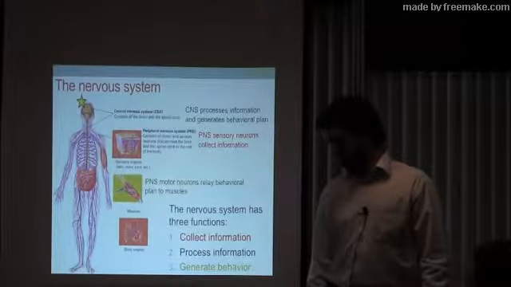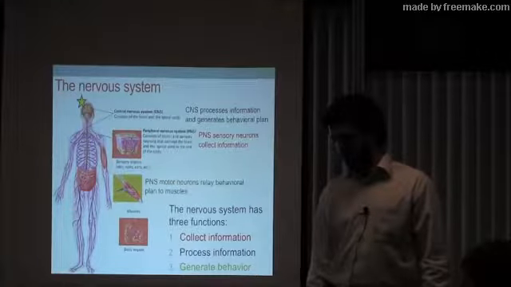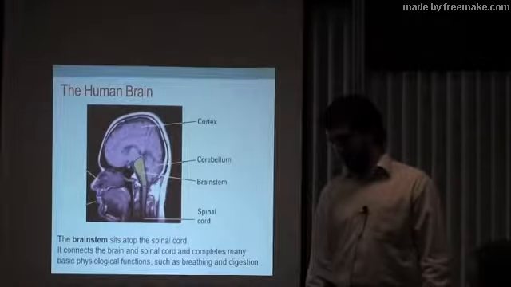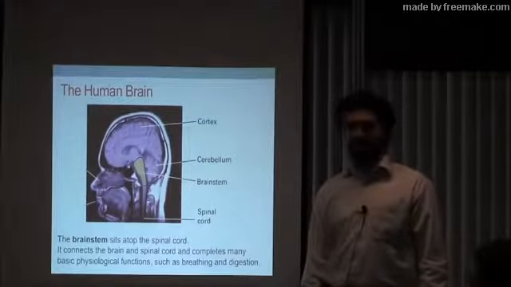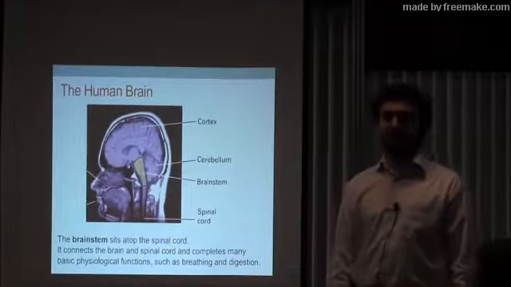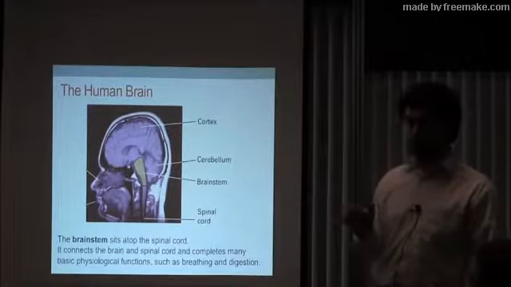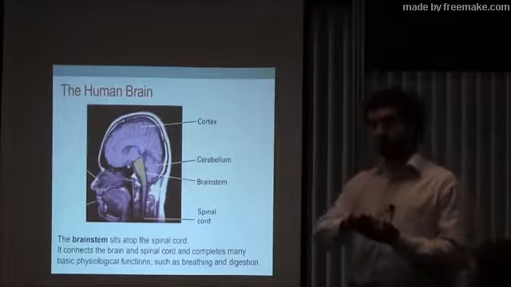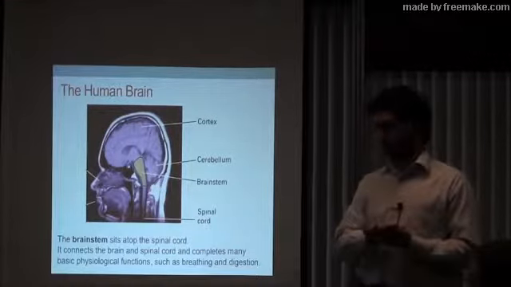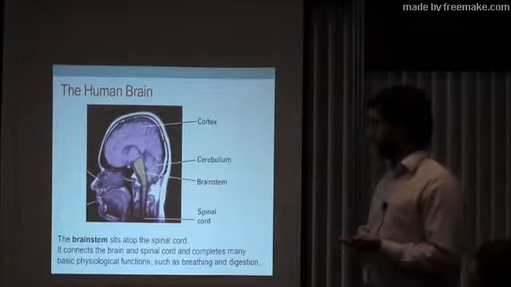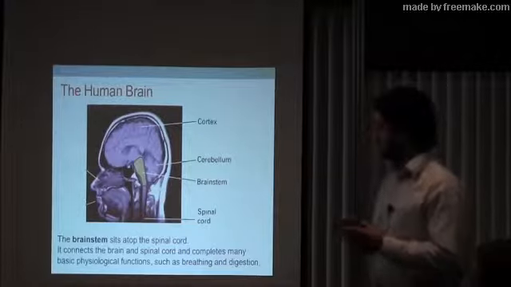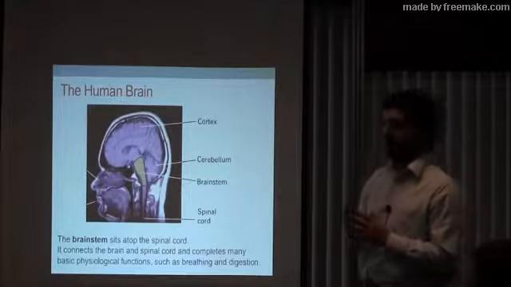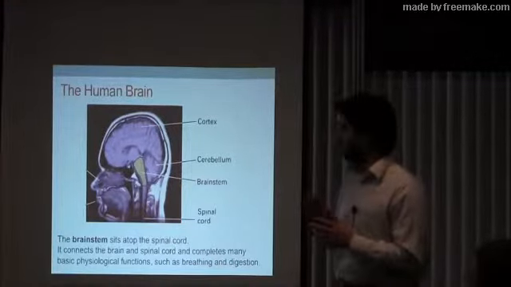Okay, so let's take a closer look at the brain. This is a magnetic resonance imaging slide showing us the major structures in a human brain. Roughly speaking, these are the major structures.